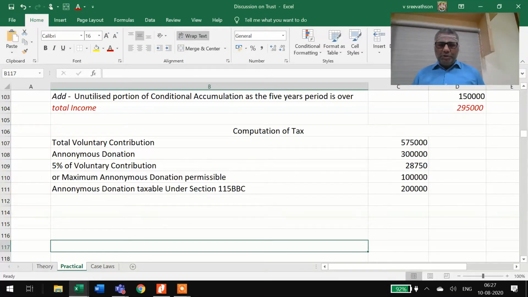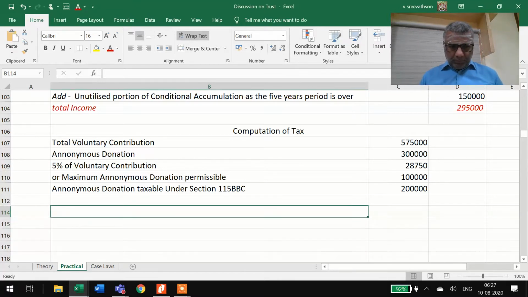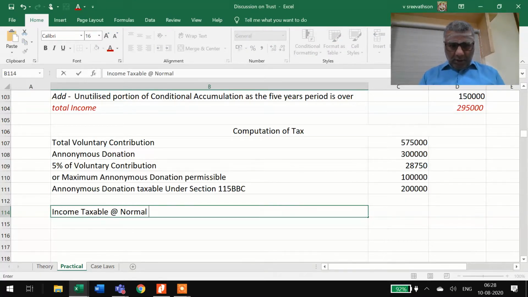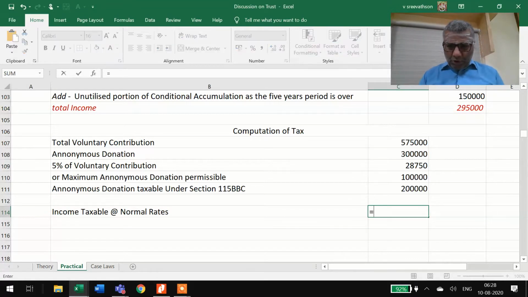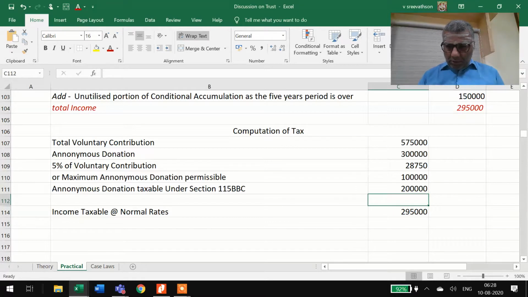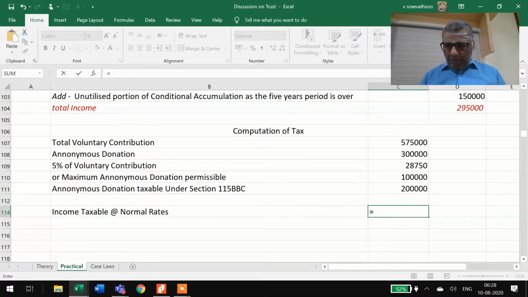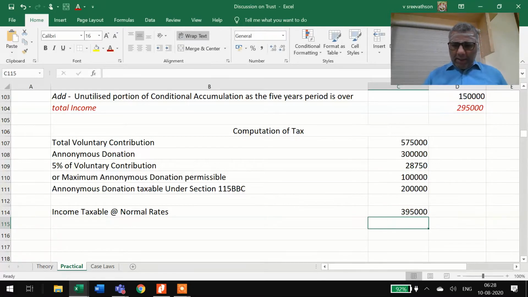So anonymous donation, which is taxable under 115BBC, is going to be 2 lakhs. Income taxable at normal rates. Do not forget it is 2,95,000 plus 1 lakh. This 1 lakh is taxable at normal rate.